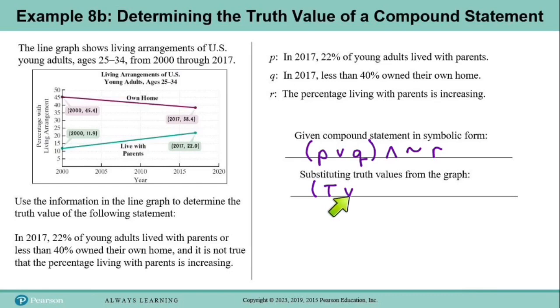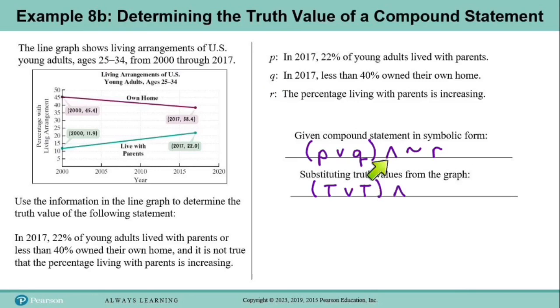Then we've got our or symbol. And then statement Q said in 2017, less than 40% owned their own home. So when we look at the owned their own home line, 2017 matches up with 38.4, and that is less than 40%, so statement Q is also true.